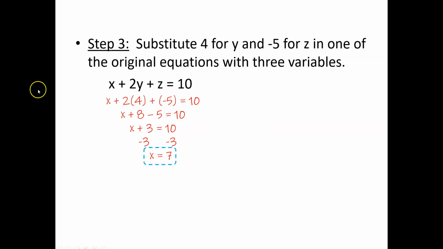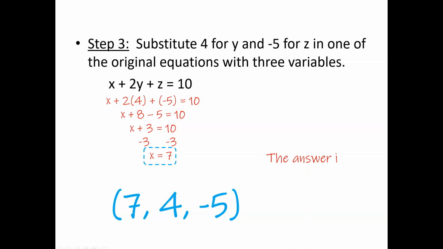So now we have our x, our y, and our z, and we have our answer. Remember, the answer is now an ordered triple, so we have 3 values in alphabetical order: the x, the y, and the z.